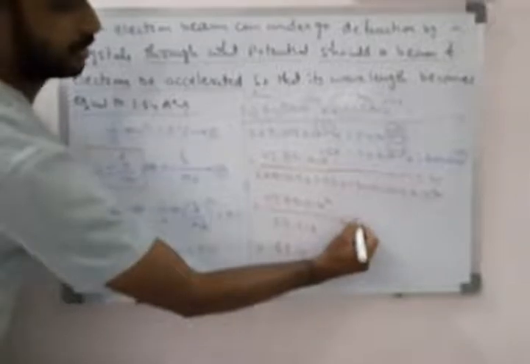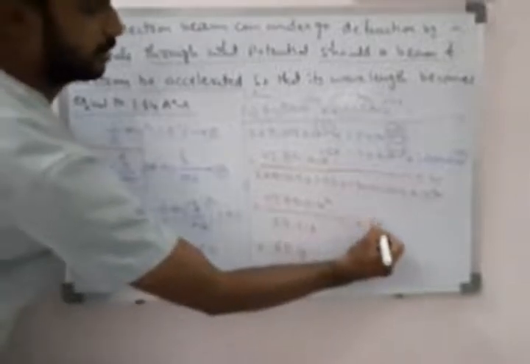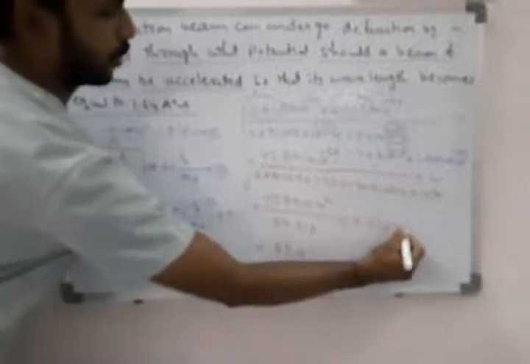So here we get 0.634 volt, nothing but 63 volts.